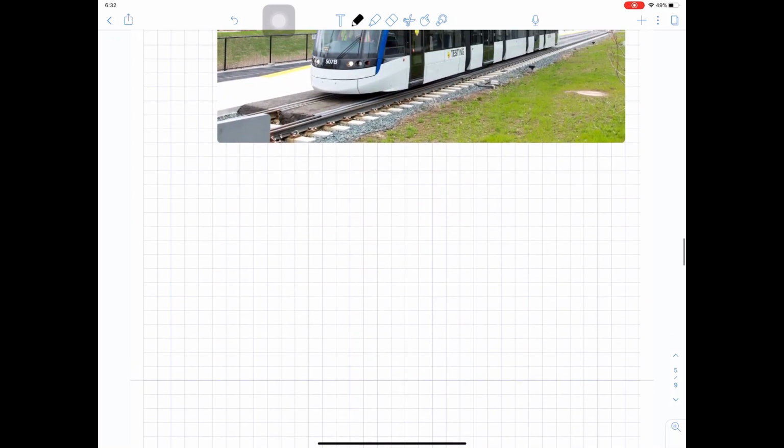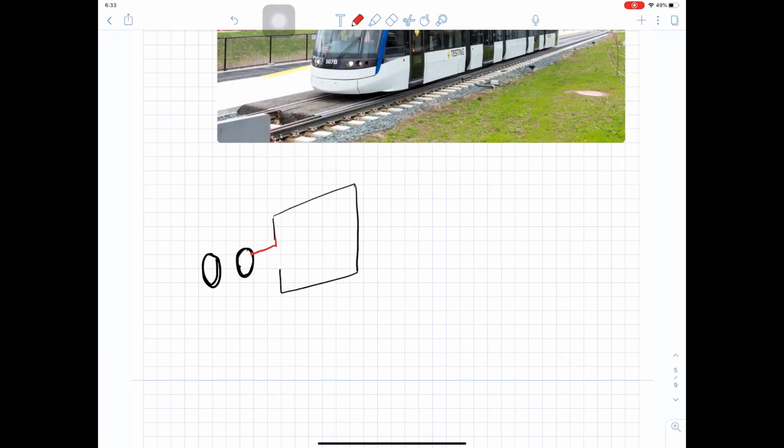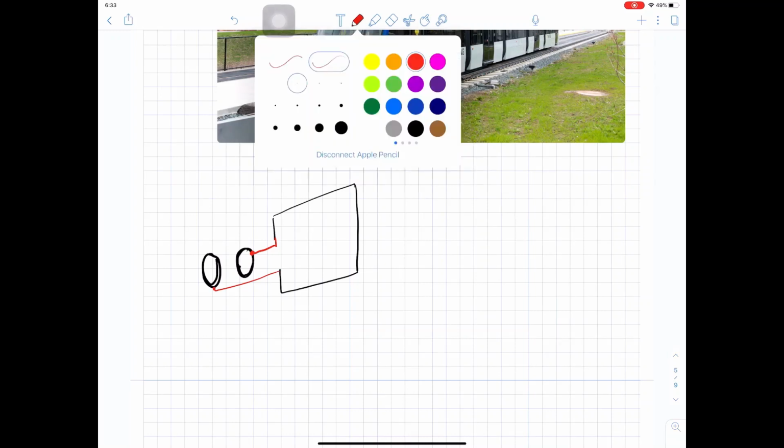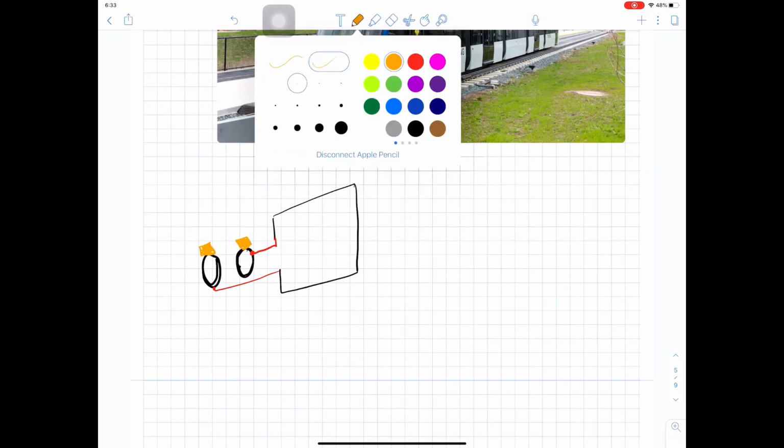So what they will do, so here is the wire here. They will have two rings. So this is the first ring and this is the second ring, and they will connect the first wire to the ring, the second wire to the ring. Then they will touch these rings using brushes. So as we mentioned, these brushes will be pushed against the ring to keep good contact.